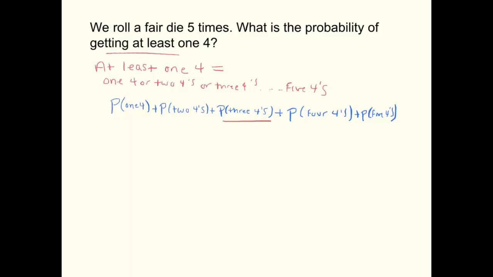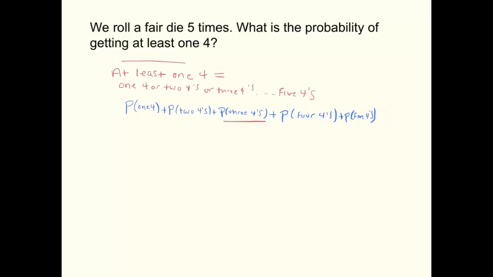But there's a quicker way to figure it out, and that is to make use of the fact that the only probability that's missing here is the one I'm going to put in red, which is the probability of 0 fours. Let's sneak that in the front there. The probability of 0 fours.